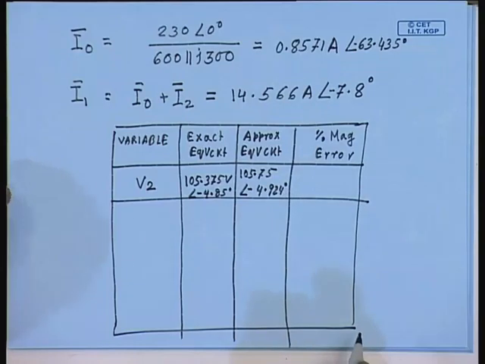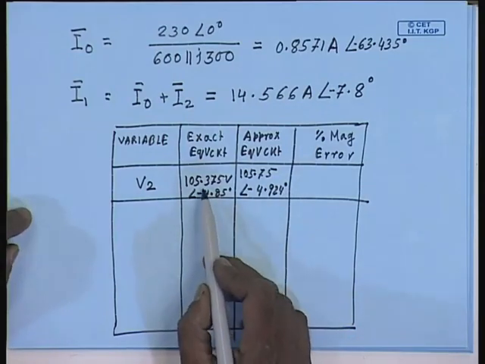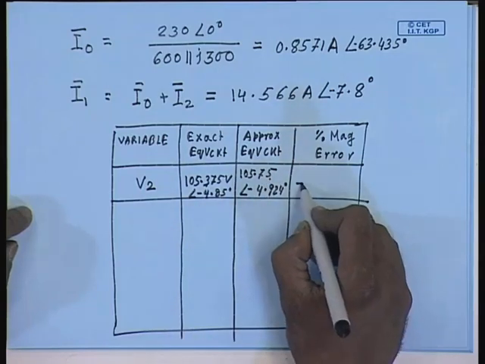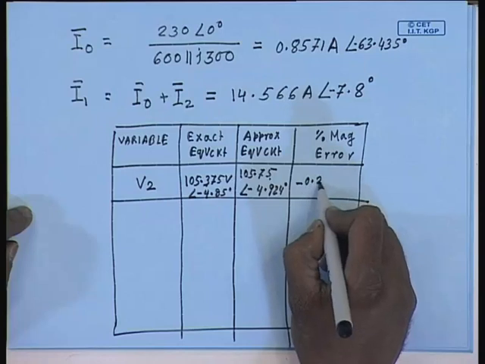The percentage error in magnitude, which is this value minus this value divided by this, comes to minus 0.356%.